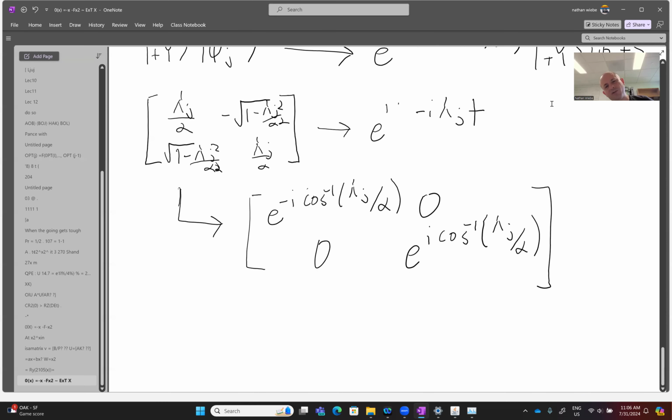So in order for us to now do the transformation, we'd like to be able to use this amazing result known as the Jacobi-Anger expansion.